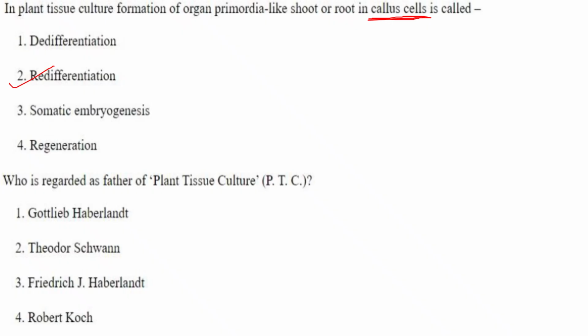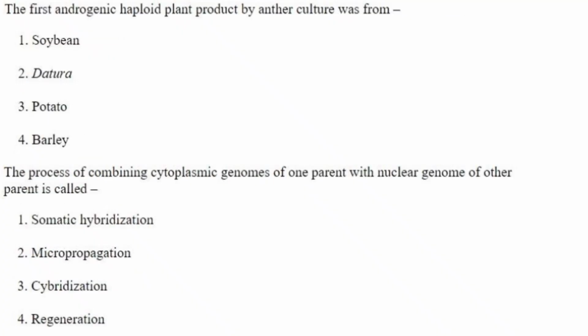Who is regarded as the father of plant tissue culture is Haberlandt. So Gottlieb Haberlandt. Then the first androgenic haploid plant produced by anther culture was from Datura, by two scientists, Guha and Maheshwari.